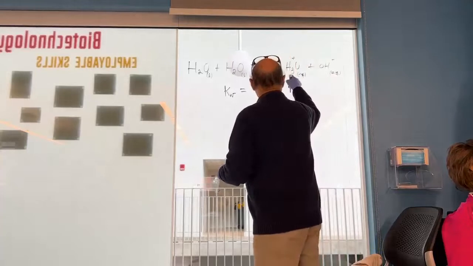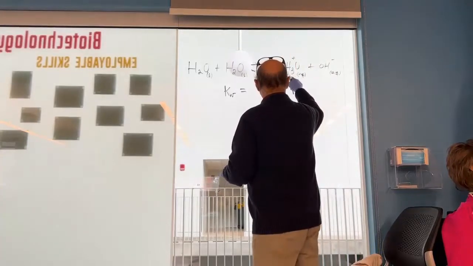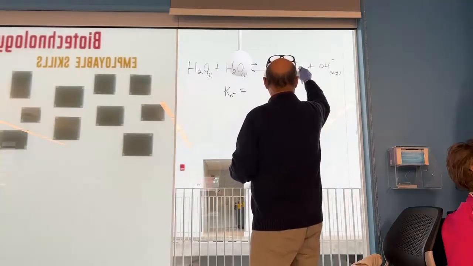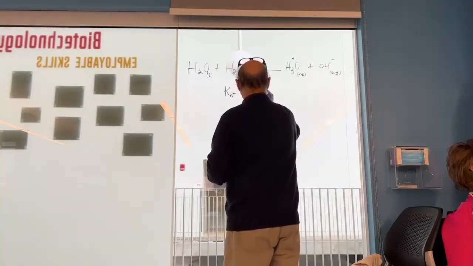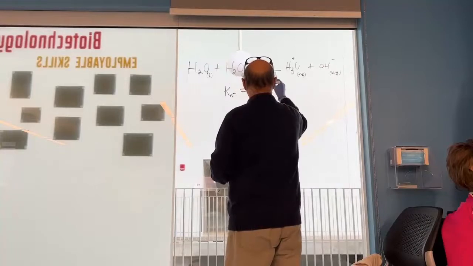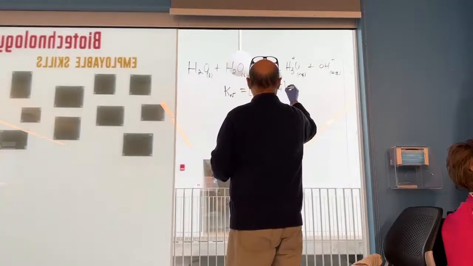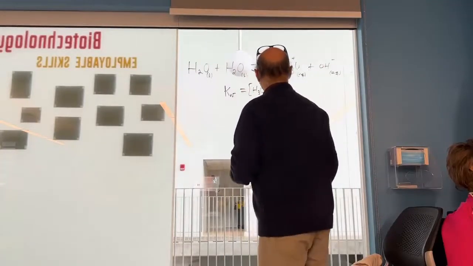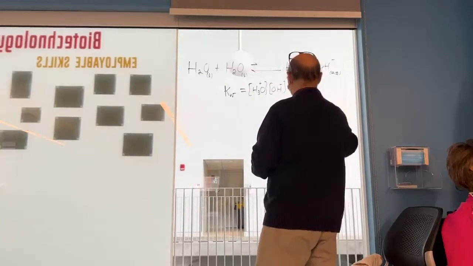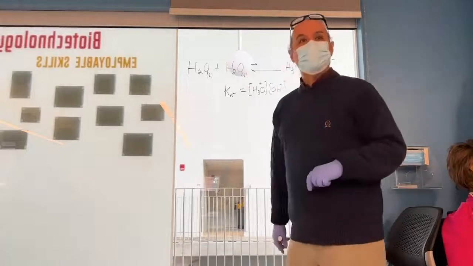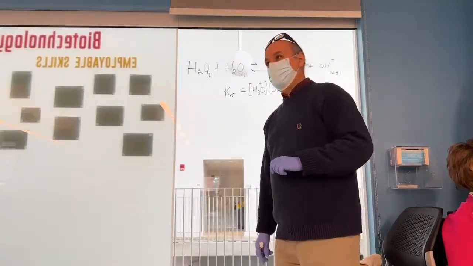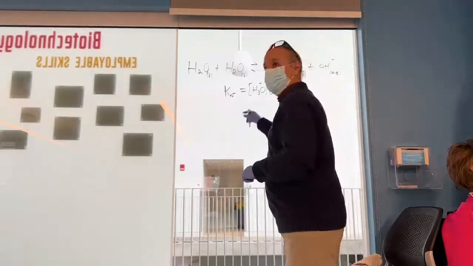So the equilibrium constant for these is determined by the concentration of those two in their product form. So in other words, the concentration of hydronium times the concentration of hydroxyl gives you this constant, which is a value regardless of the amount of this.